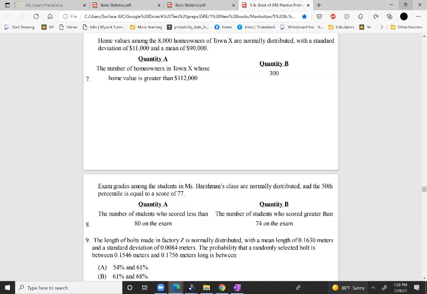You have 34, 13.5, and then what was above 2 standard deviations? One standard deviation is 34, 2 is 13.5. What was the third percent at the ends of the curve?